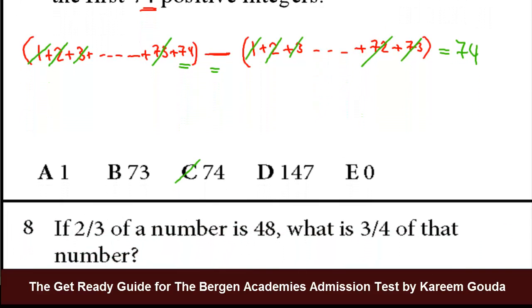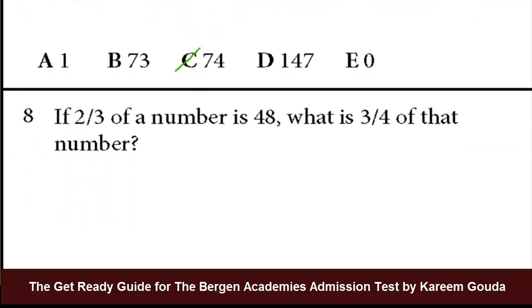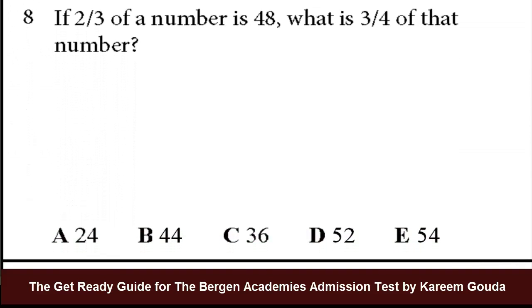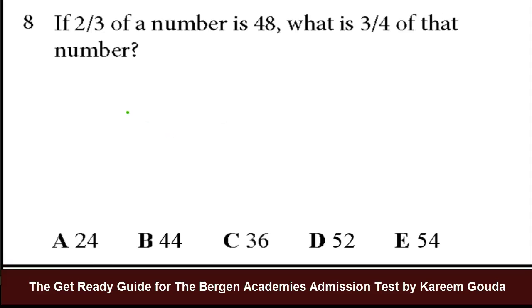Okay, question number 8. If 2/3 of a number is 48, so 2/3 of means times a number, let's call it x, is means equals 48. What is 3/4 of that number? So let's find x first.